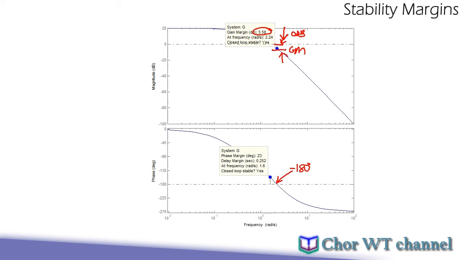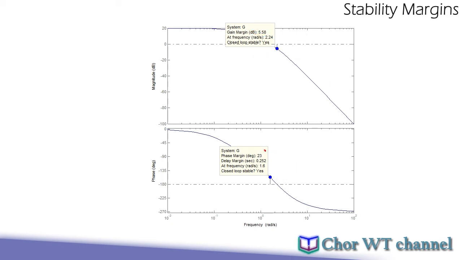If this dot over here is below 0 dB, then we say that this is a positive gain margin. But if it's the reverse, that this dot is above 0 dB, then you will get a negative gain margin. A negative gain margin means that the system is unstable.